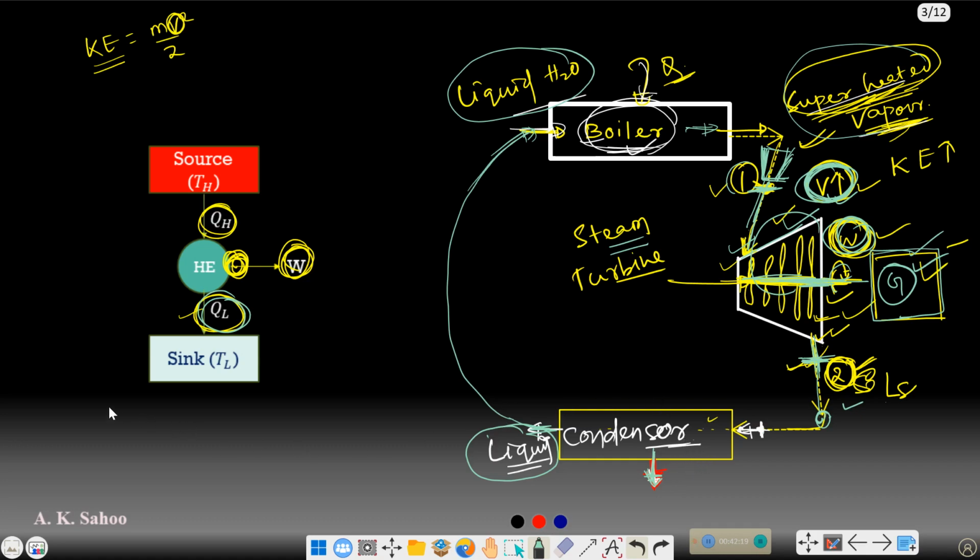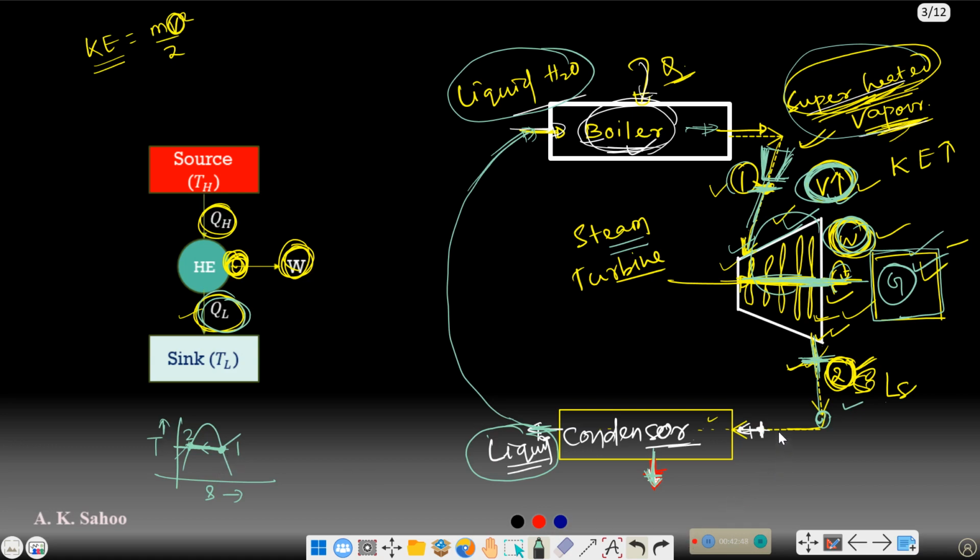Inside the vapor dome, if I'm rejecting some amount of heat, let this be state point 1 and this be state point 2, plotted on a temperature versus entropy diagram, right? Rejecting heat from here to here is at constant pressure, and this is also constant temperature.